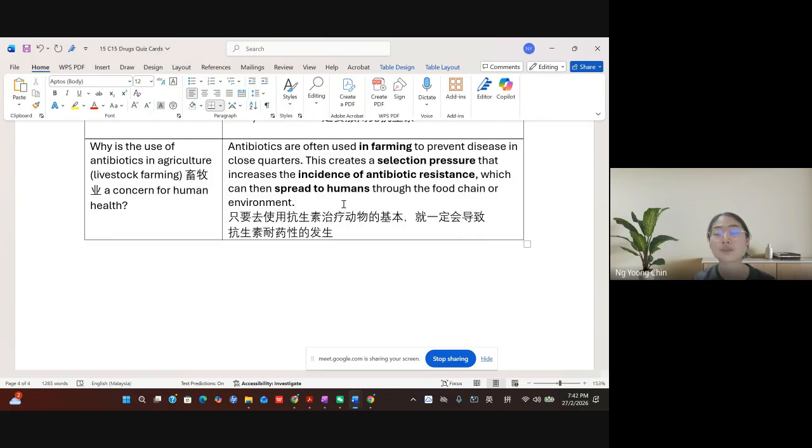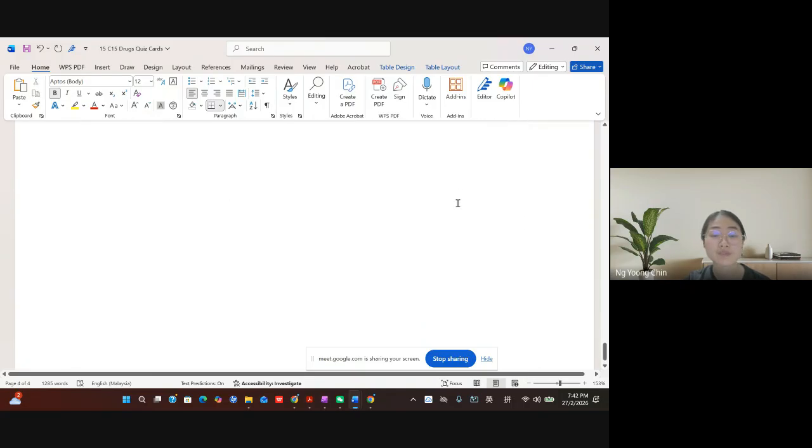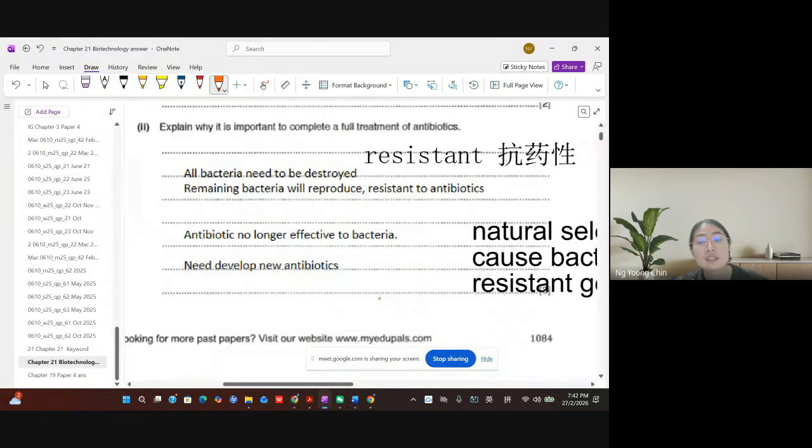So when the consumers eat that specific meat product, this creates selection pressure. It will increase the incidence of antibiotic resistance, which can be spread to humans. That's it for chapter 21. So that's why you want to prevent the development of antibiotic resistant bacteria, and why you need to complete the full treatment of the antibiotic.